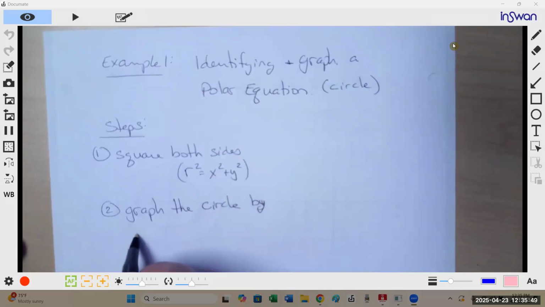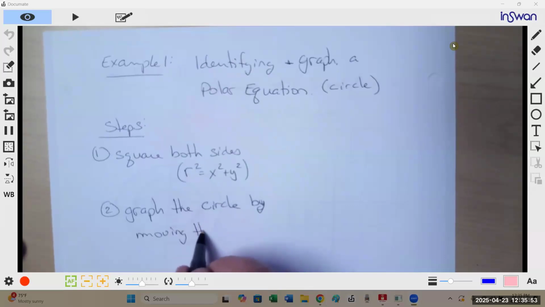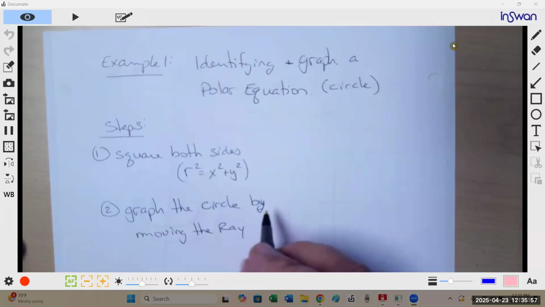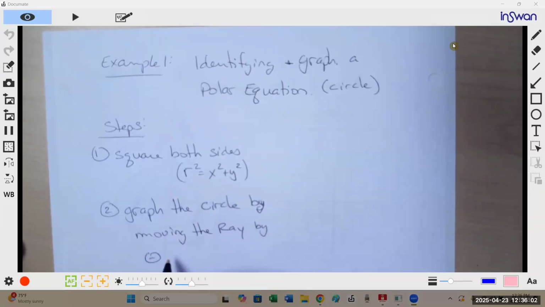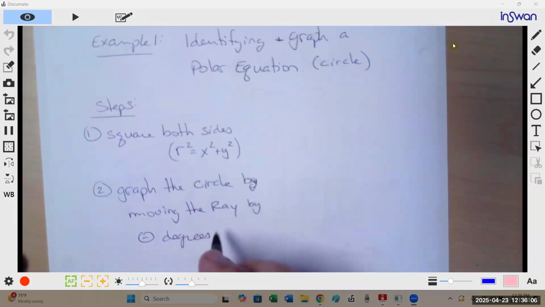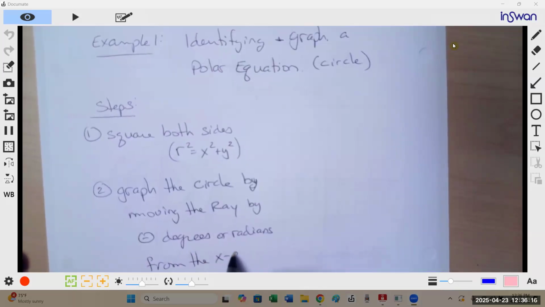Graph the circle by moving the ray by theta degrees or radians from the x-axis.